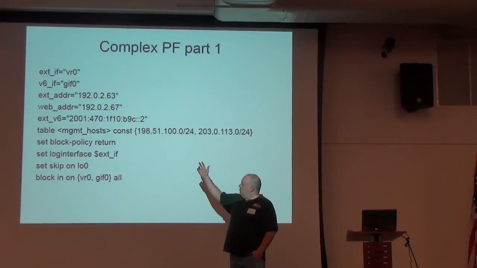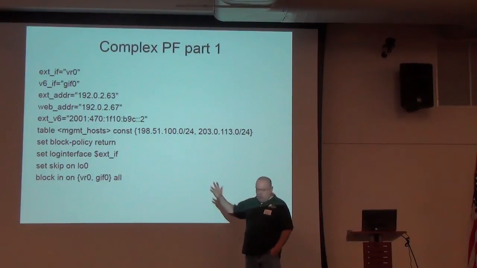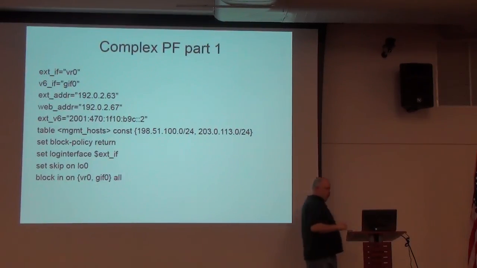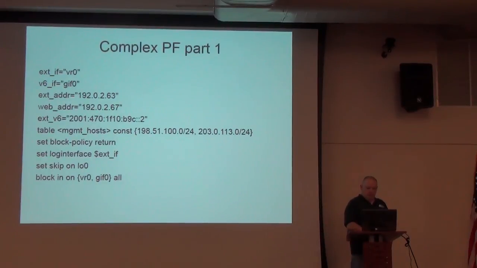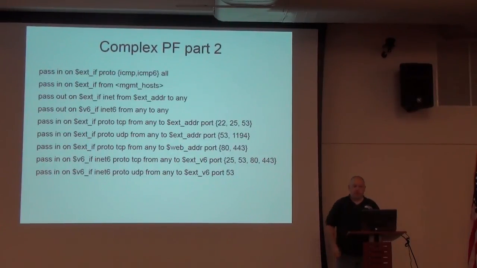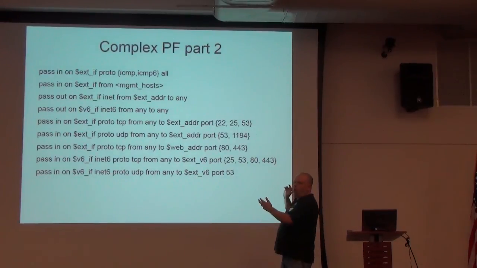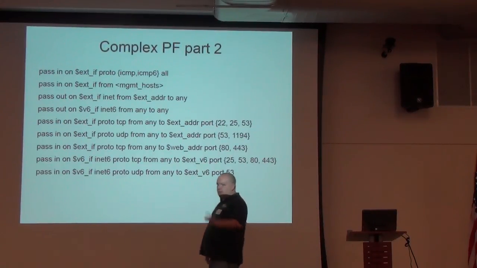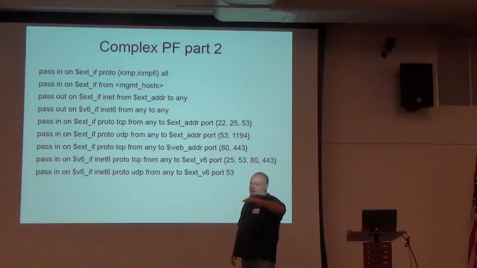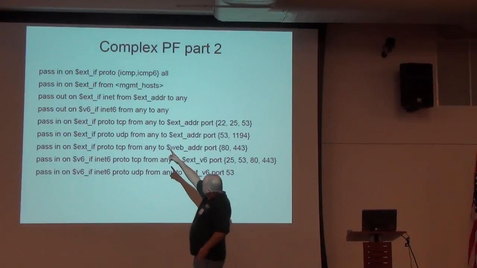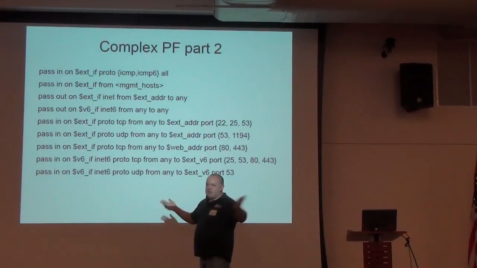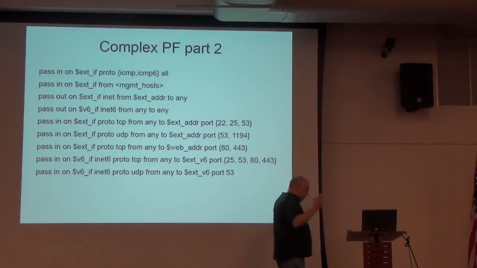So you can define which interfaces you want to treat in which way. You can define which addresses, which ports. So instead of having a bunch of rules that say from each of these addresses, you can see our second line there that just says pass in from our management hosts.